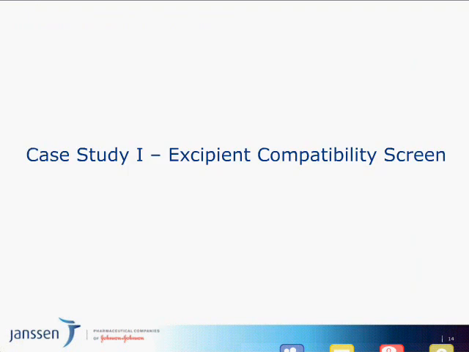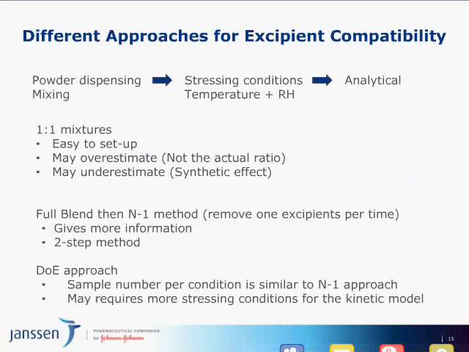So I will walk through case study 1, the excipient compatibility screens we are doing there. Here is usually how the excipient compatibility screen is done. First, we do the powder dispensing. We mix the powder, mainly the API and different excipients. Then you put those powder blends into different stressing conditions.